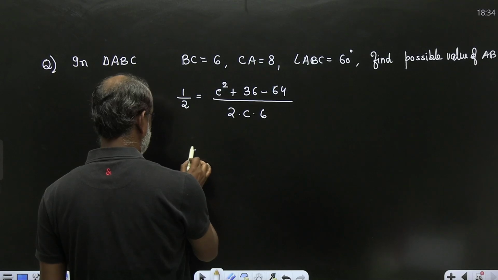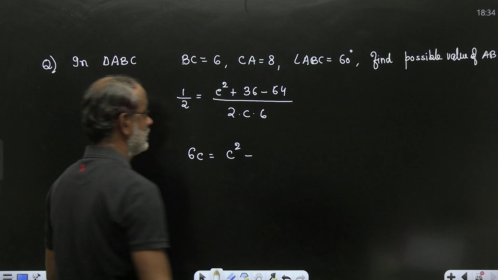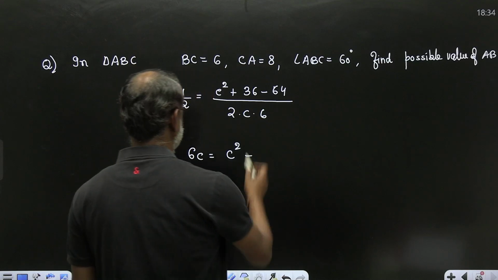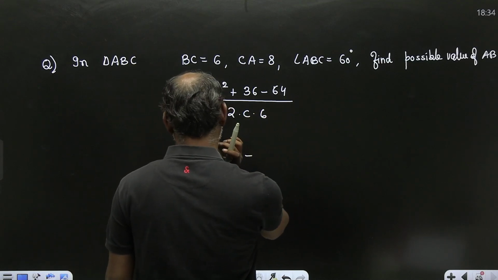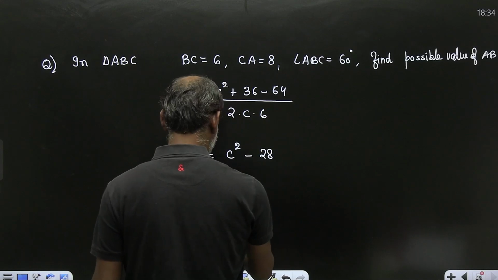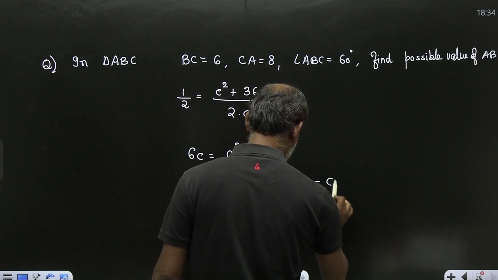You get 6C is C square minus 36 minus 64, that is C square minus 6C minus 28 is 0.